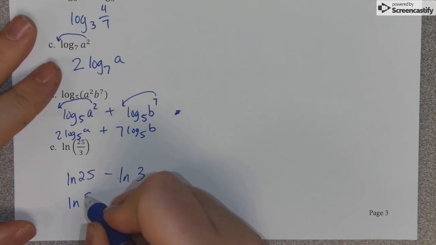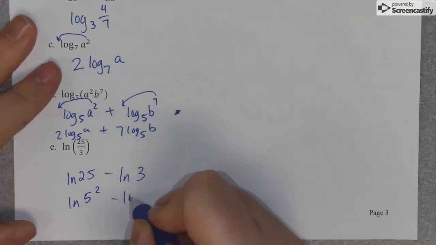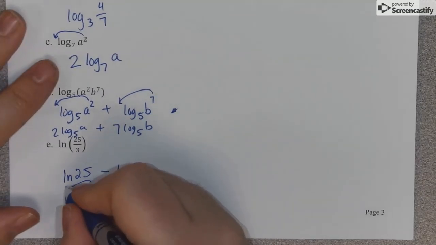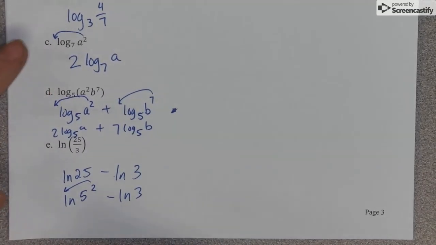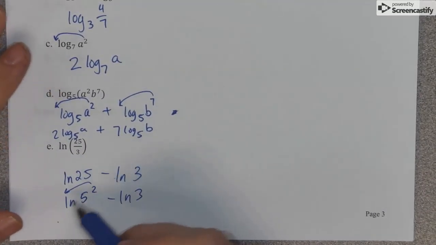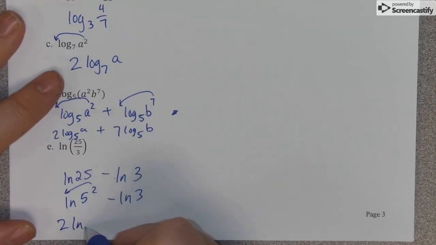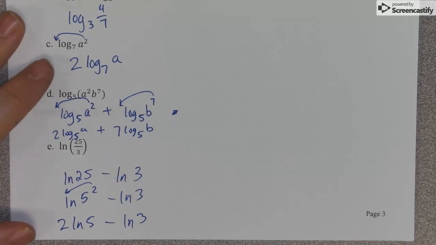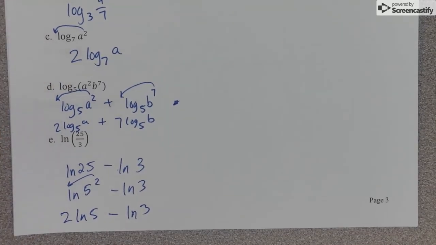So this would be ln of 5 squared minus ln 3. And then you could use your properties of logarithms. So this would be the power property. So this would be 2 ln 5 minus natural log of 3. So this would be the preferred answer. This is fully simplified.